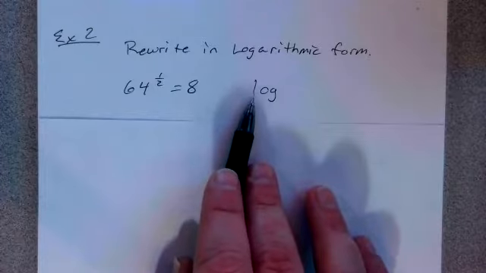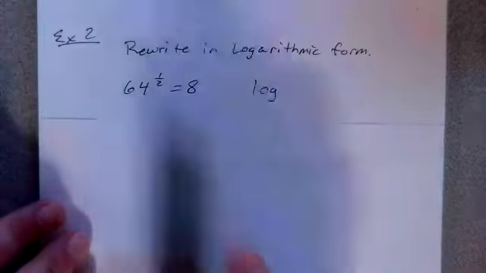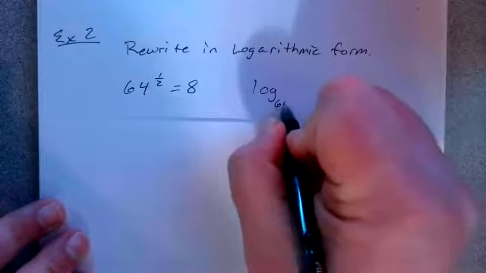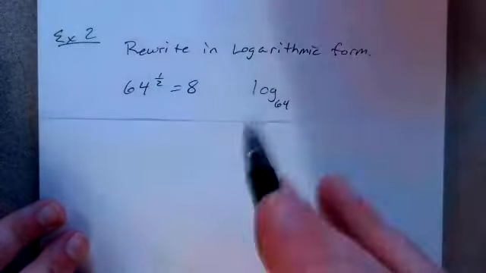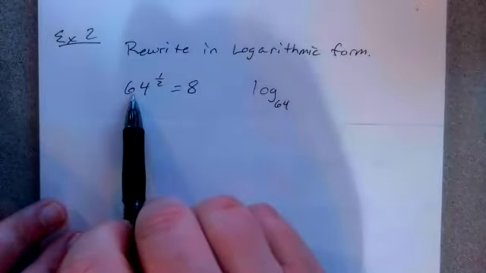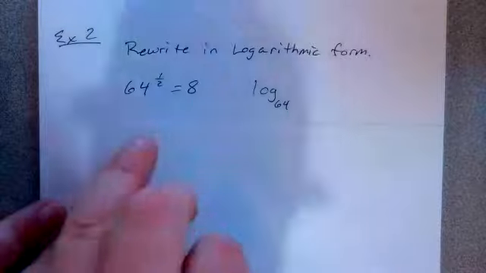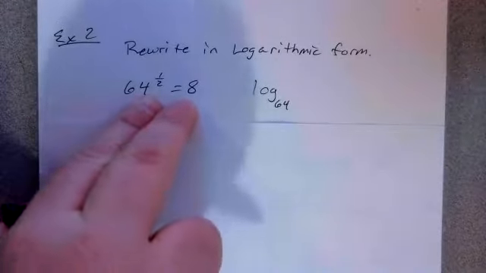Here I'm going to use a lowercase l because my base is 64, so log base 64. A capital L implies a certain base, and we'll learn about that a week or 2 from now. Remember, the base stays the same. Now the exponent and the argument switch.